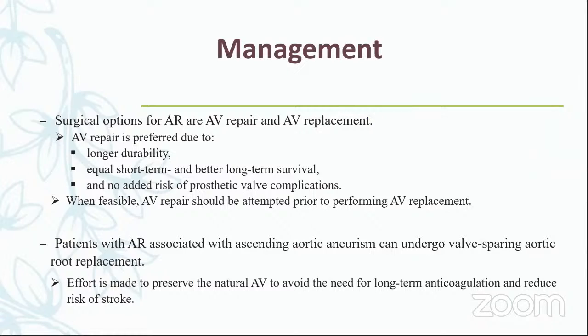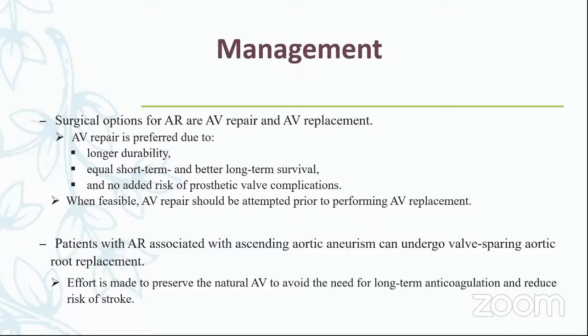In the management of AR, the surgical options for aortic regurgitation are either repair or replacement. The repair is preferred over the replacement due to longer durability, equal short-term and better long-term survival, and there will be no added risk of prosthetic valve complication.